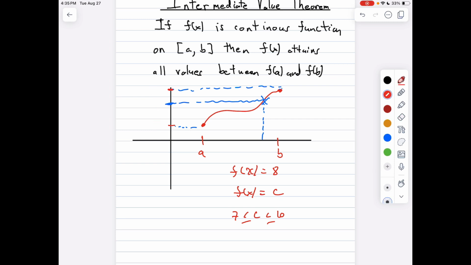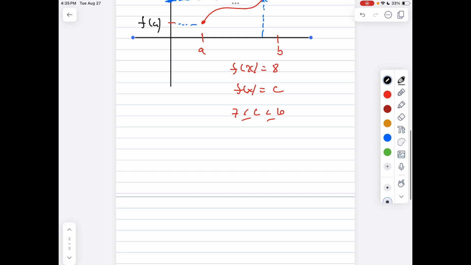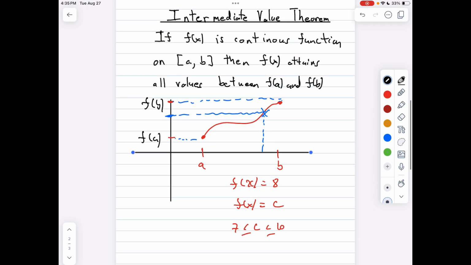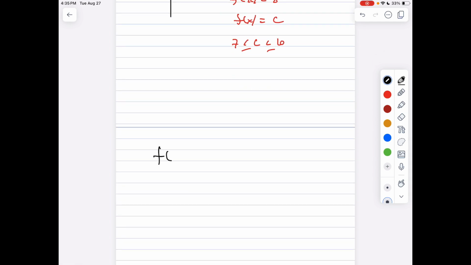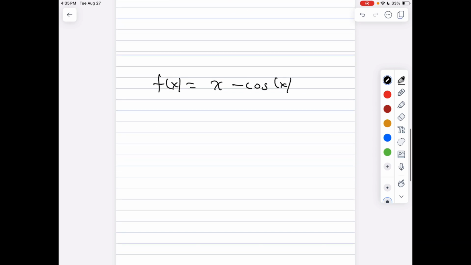So how do I apply this to this problem? Well, here's what you're going to do. As you can see here, I have a closed interval that my theorem has to work with. So we're going to work with a closed interval. And notice the question was proving that this function was equal to 0.